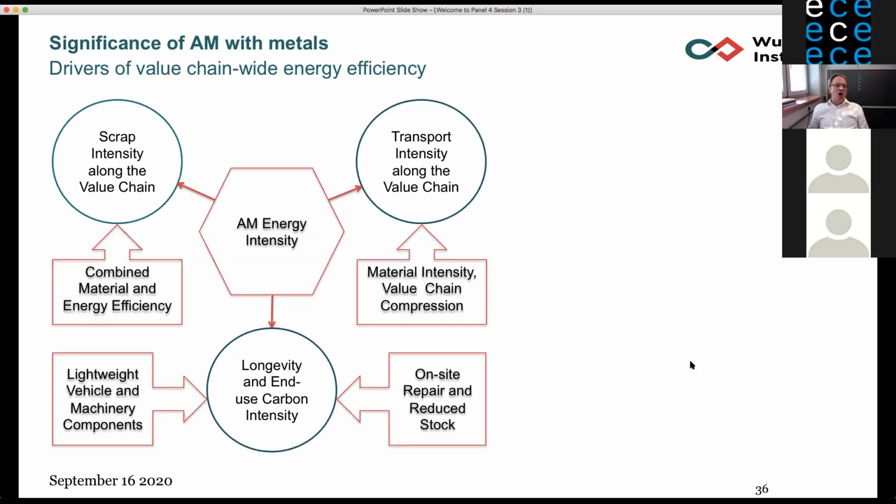So this is a strong factor in reducing scrap, and only using the material that makes it to the final stage of the supply chain. Well, another factor that is more or less combined with the material efficiency is that you have to transport less material simply along the value chain if you are only using the material that makes it to the final product.